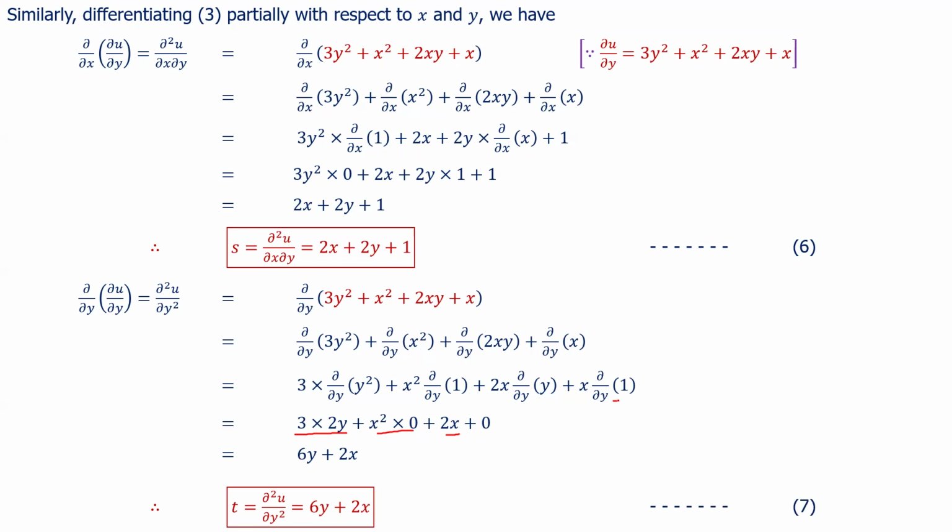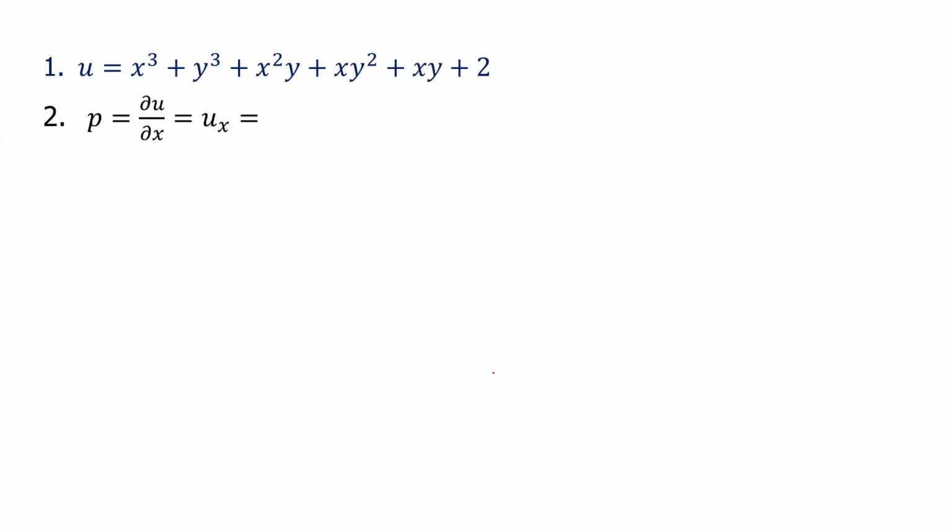Now let me summarize what we have done in this example number 1. We have been given the function x cube plus y cube plus x square y plus xy square plus xy plus 2. To find its first order partial derivative with respect to x, this is 3x square. This becomes 0. Now we have 3x square. This is 0. Derivative of x square is 2x, so 2xy.